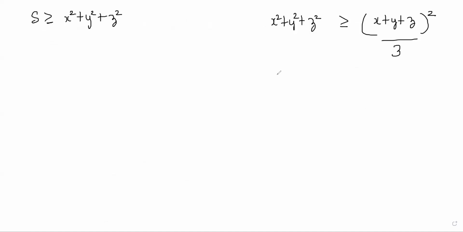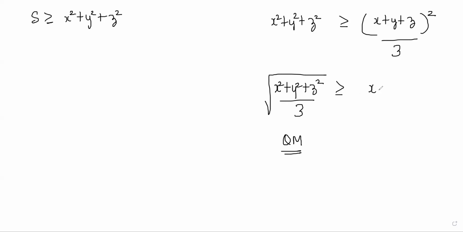How? Think about it. Root over (x square plus y square plus z square) by 3 is the QM. It is the square mean, right? Square mean of x square, y square, z square. So that should be a square mean of x, y, z. So that should be greater than the AM, right? (x plus y plus z) by 3.